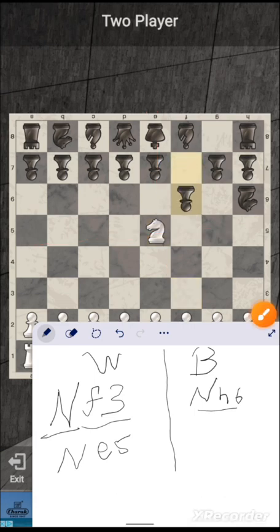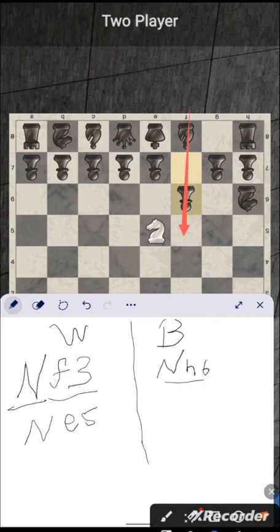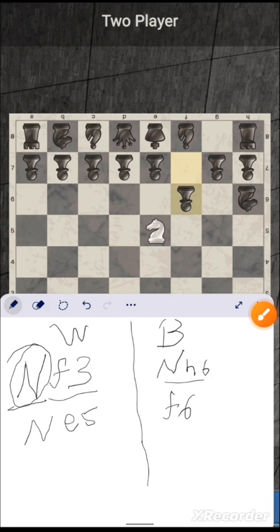Now black has played a pawn. So what will be the notation? For pawn we don't give any notation. We simply write file and rank. So when a pawn moves, we only have to mention the file and rank. The file is F and the rank is 6. So note over here, for knight we are using capital N, but for pawn we don't use any capital letter, only file and rank.